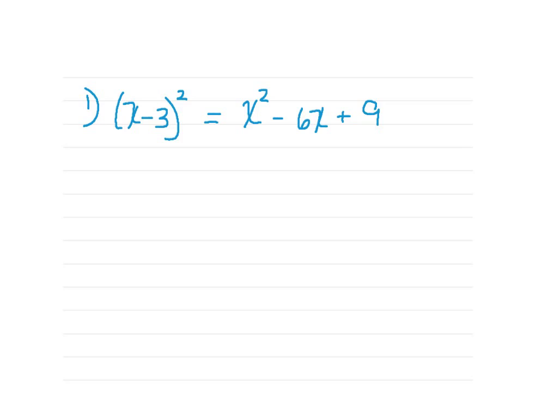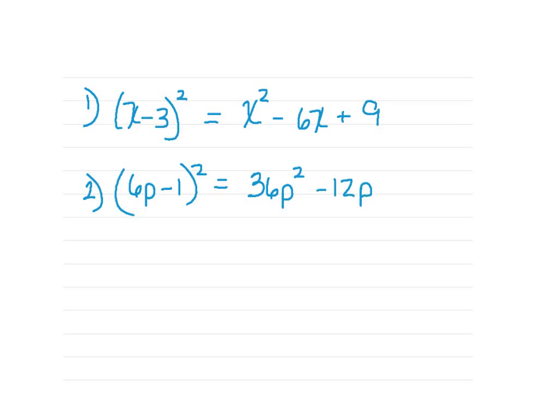Number 2. Let's try 6p minus 1 squared. Again, this is the square of a difference. So take the first term and square it. That's going to be 36p squared. Take the product of the two terms. That's negative 6p, and double it. That's negative 12p. And take that second term and square it.